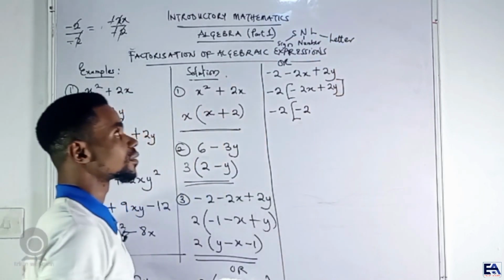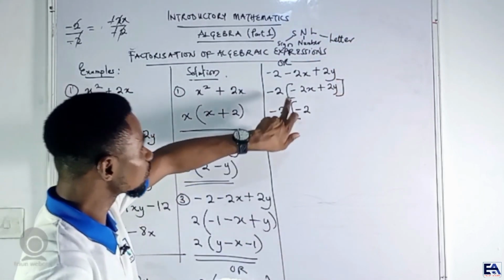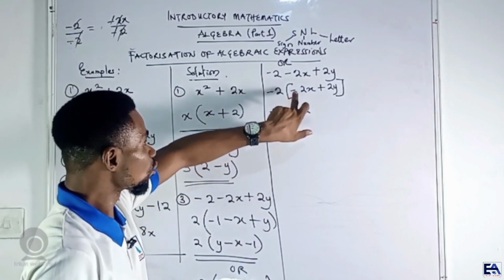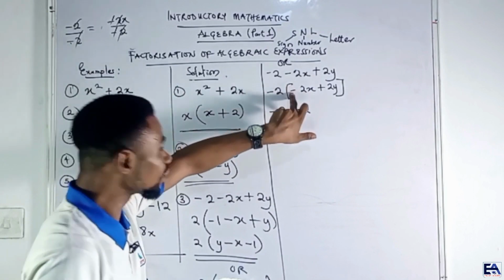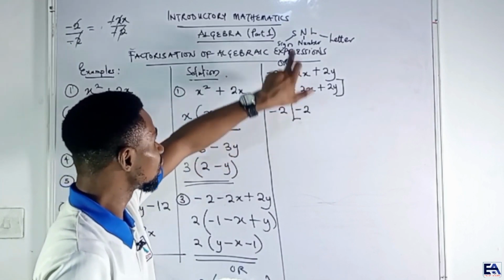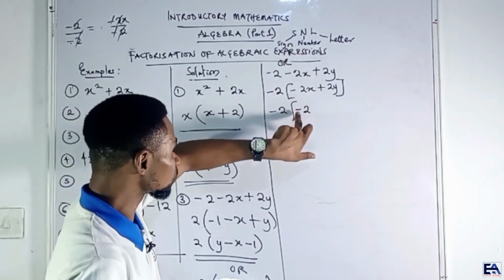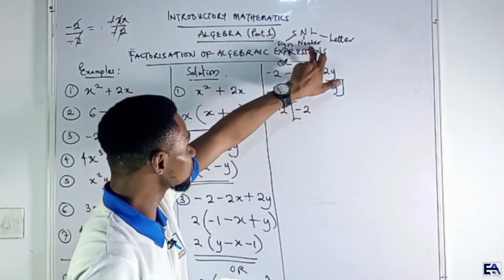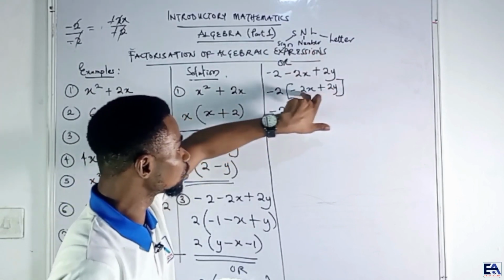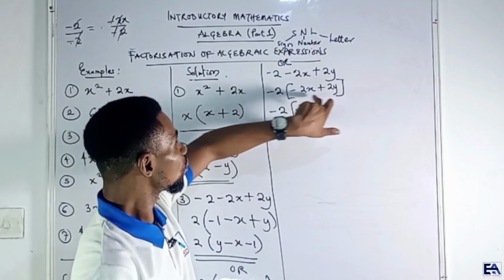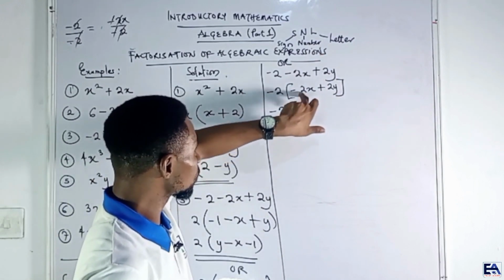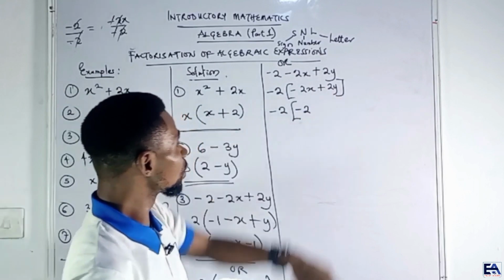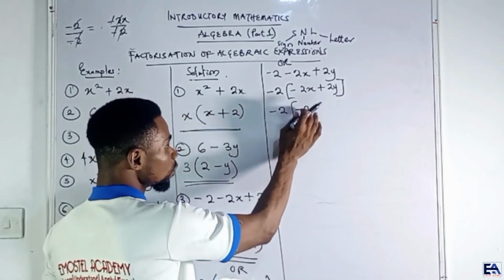First check what is common in terms of sign. Whenever the first term is a negative number, then minus is considered as a common factor. So you write it out, minus. Then the next thing, in terms of number, what is common to these two terms? In terms of number, what is common to these two terms is 2. 2 can divide here, 2 can divide here, without remainder. That's why we wrote 2 here.